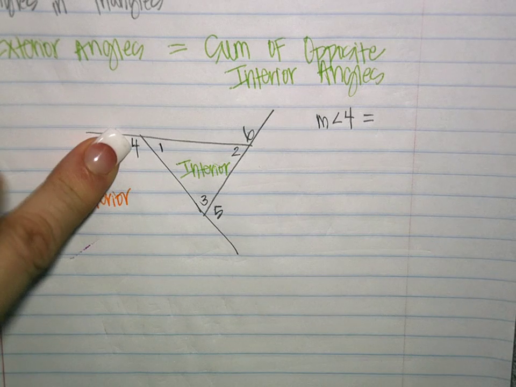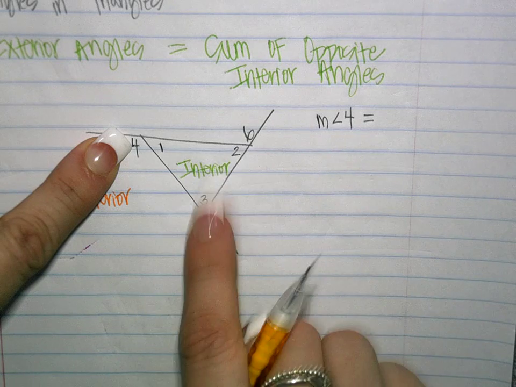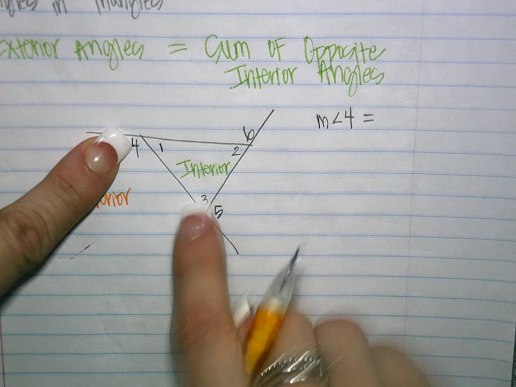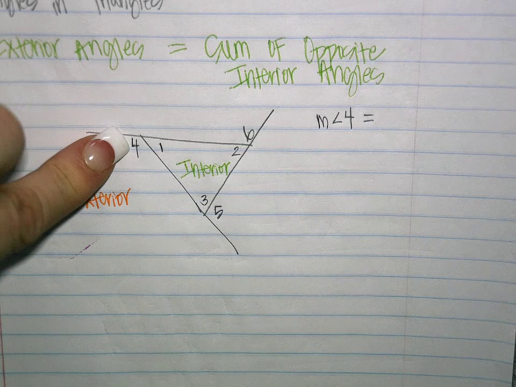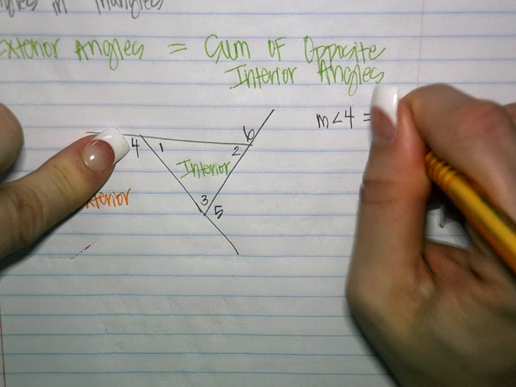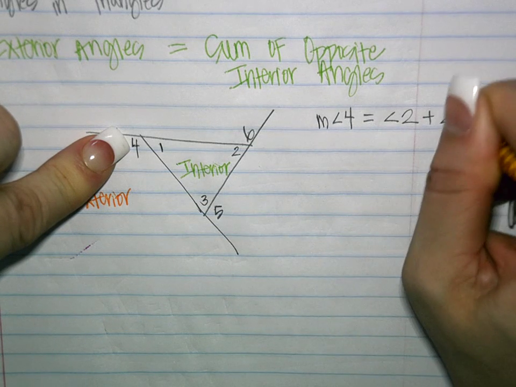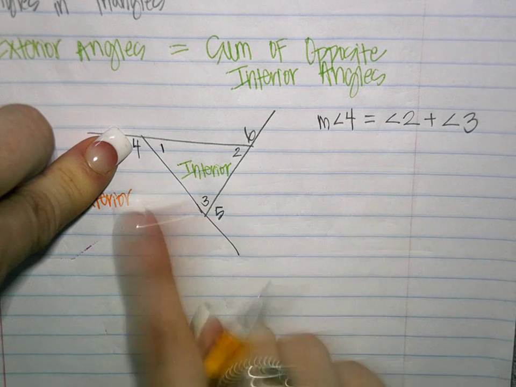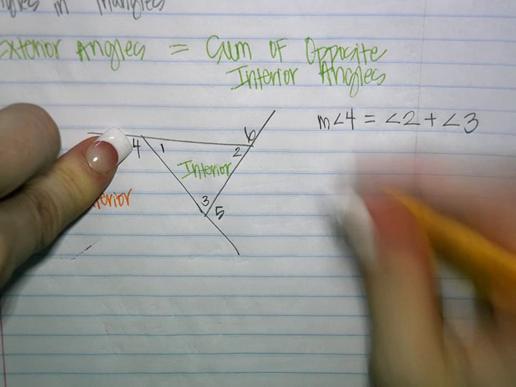So 4 is equal to the ones that are across from it, not the one that's next to it. So angle 4 is equal to angle 2 plus angle 3. They're always adding together.